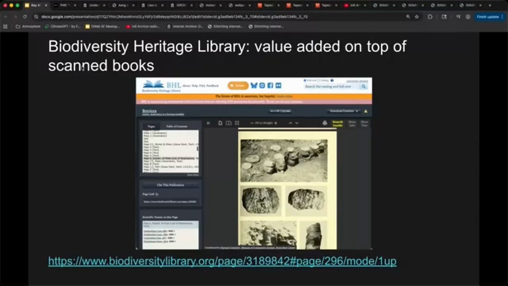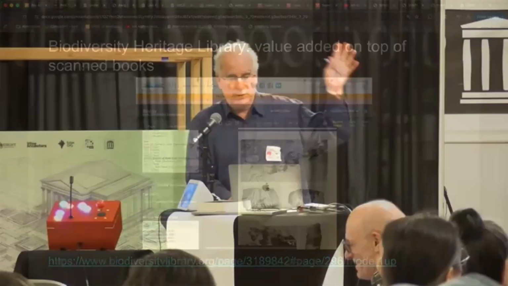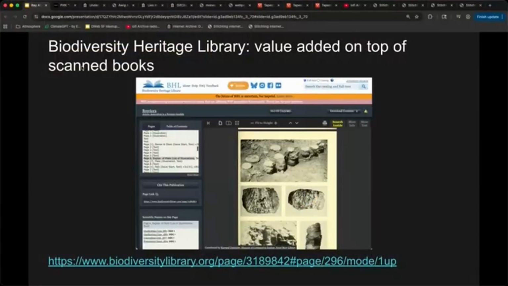Okay, any other questions? I'm just going to blast through a few more of these before you completely fall asleep. Biodiversity Heritage Library. The idea was to digitize everything about all species and then index it by the species and try to make a web page for every species ever. It's kind of like Open Library, one page for every book, or Wikipedia. They built this, and we helped build the back end.